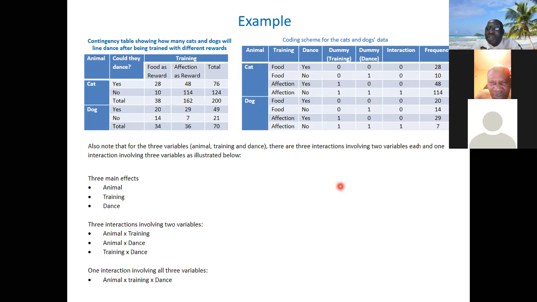And the exposure variable is the type of animal, whether it is dog or cat. And apart from that, how do you train them? Do you train them with affection, when they pass you just show affection, or you reward with food, to motivate the animal to dance, or with food.